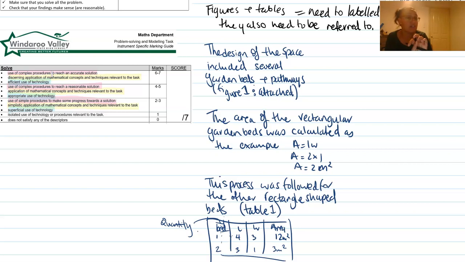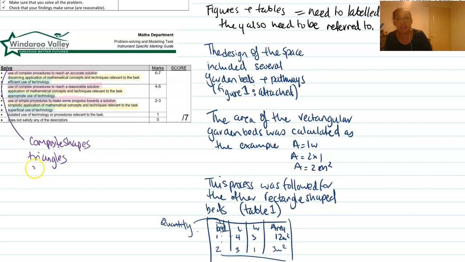The other thing they would also be doing is that in this section, to reach that complex procedure, you will need to have composite shapes, triangles, and your scales.